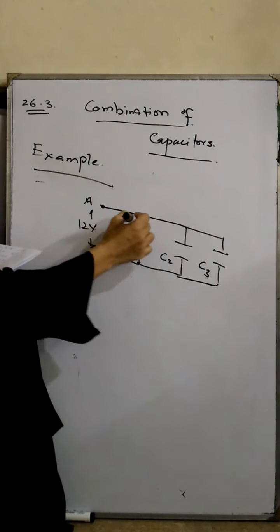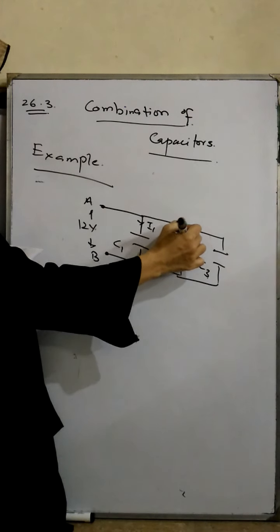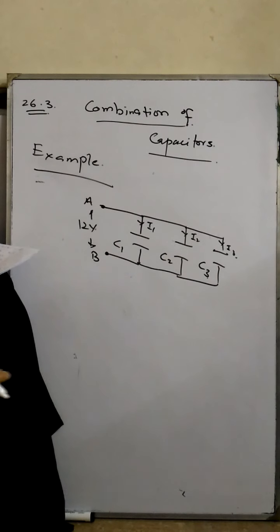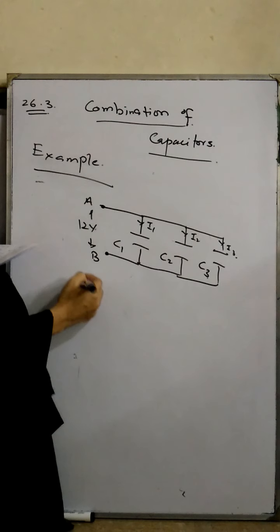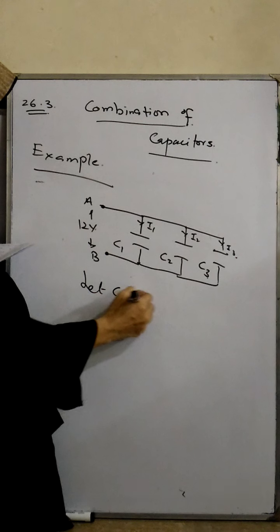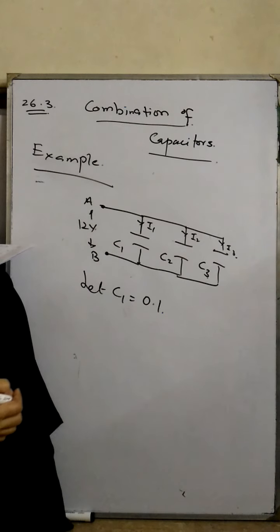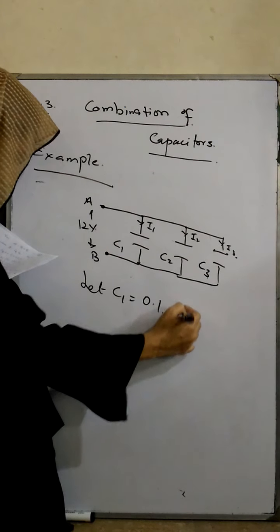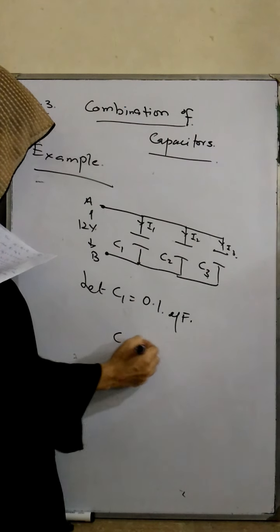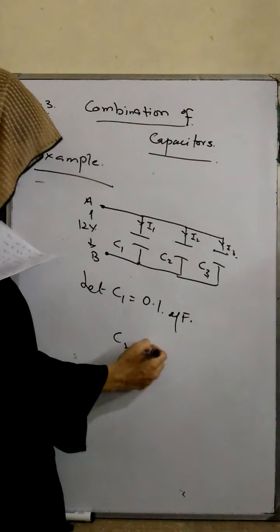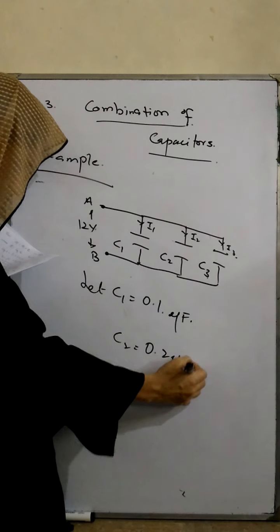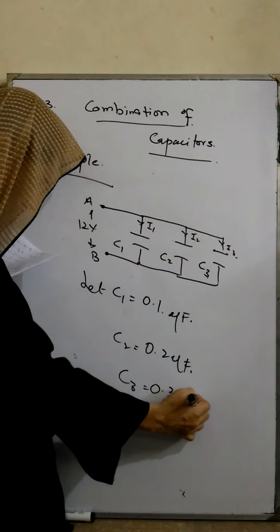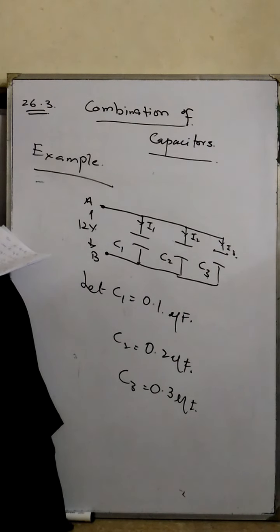So I1, I2, I3. Let C1 be equal to 0.1 microfarads, C2 be equal to 0.2 microfarads, and C3 be equal to 0.3 microfarads.